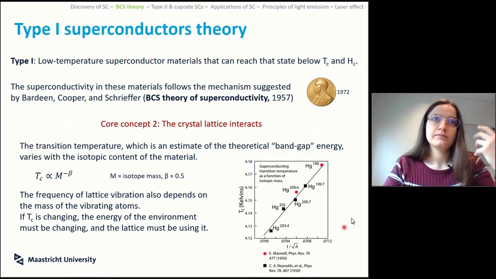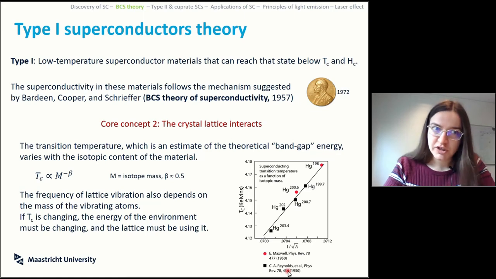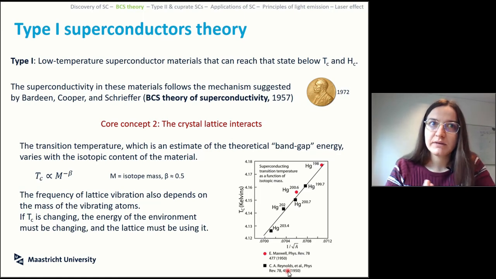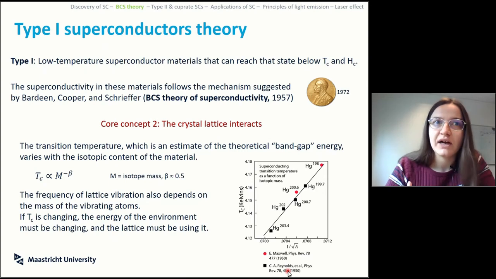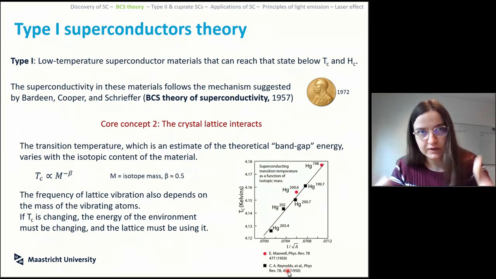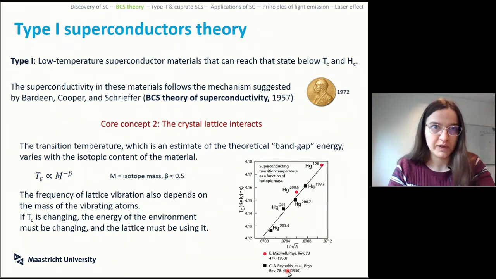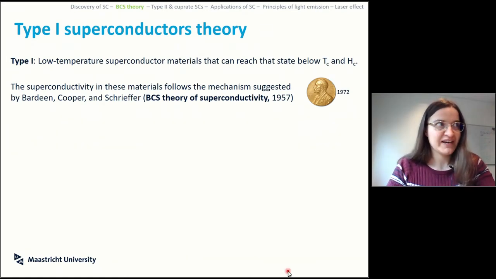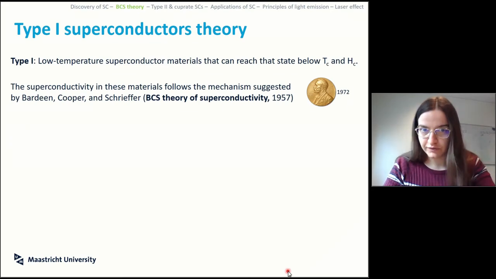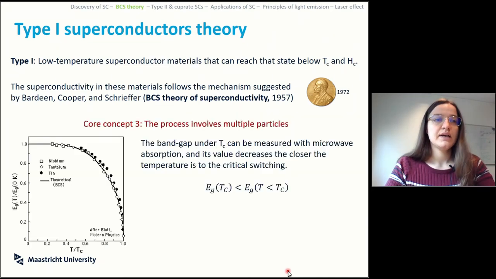So if the critical temperature is changing, it is because the environment must be using this energy in a different kind of way. The electrons don't care, so there must be a coupling to something that the lattice is doing. Now there is a final point of evidence that correlates to the first and the second: if you have this gap, you should be able to measure the gap.